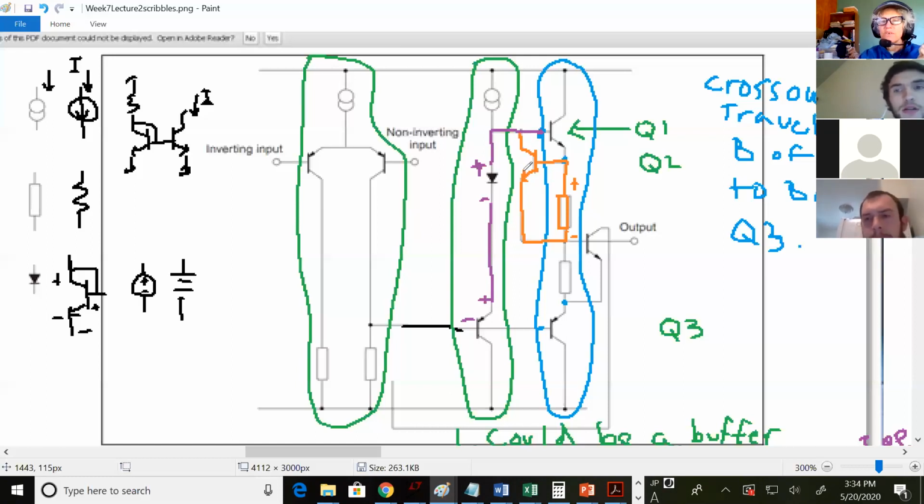It lets current go this way and gets dumped out the output, or sometimes they have another path down here for current. But whatever current was going to the base, now some of it's stolen through here. And if there's less current going into the base, IC equals beta IB, so you turn down the current through Q1. Kind of cool.